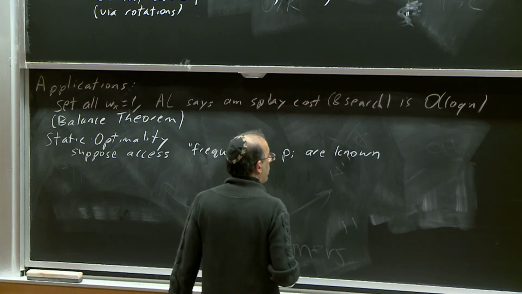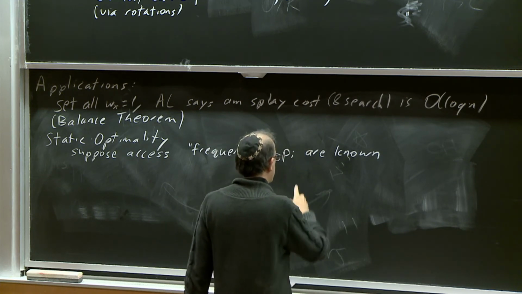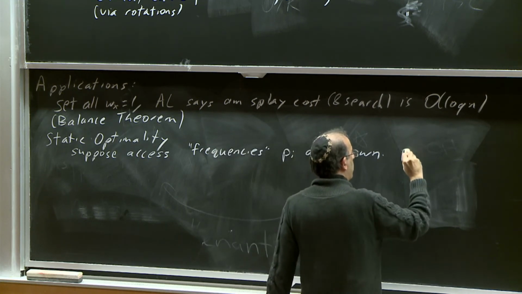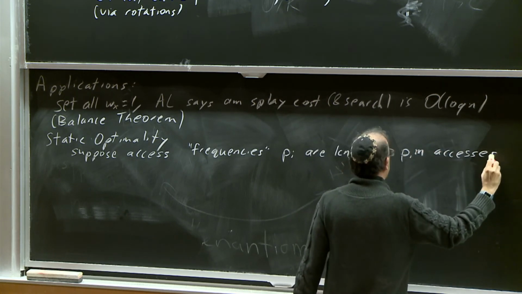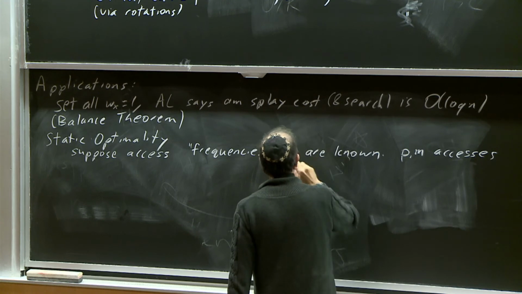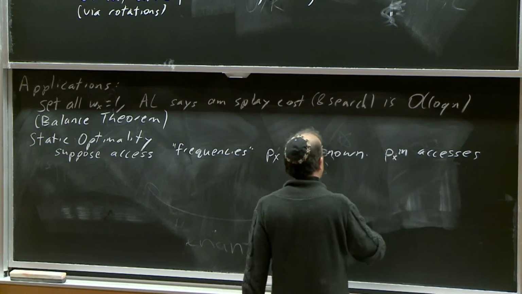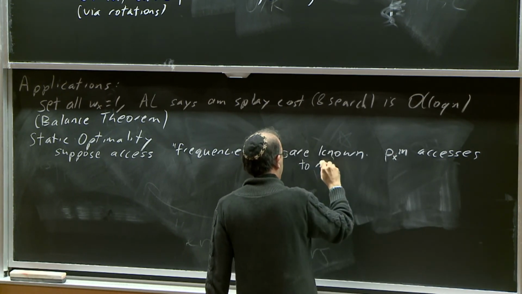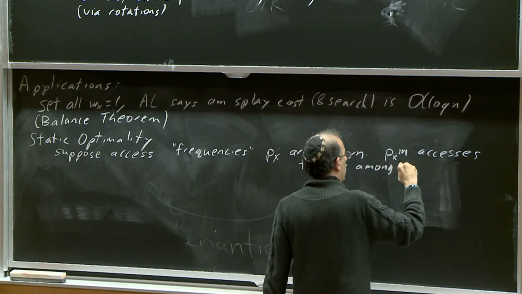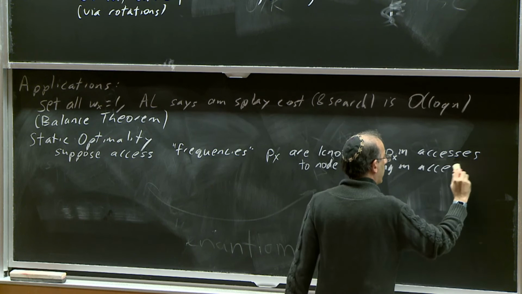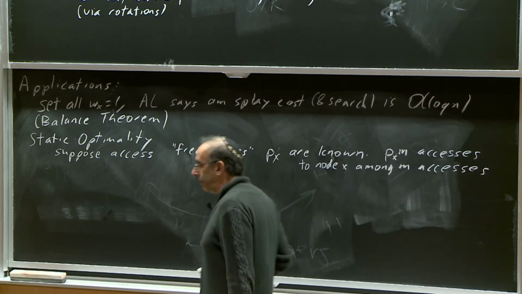That is to say that there are p_x m accesses to node x among m accesses. So suppose you know this in advance.